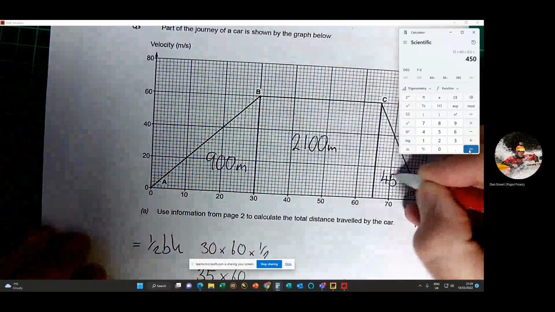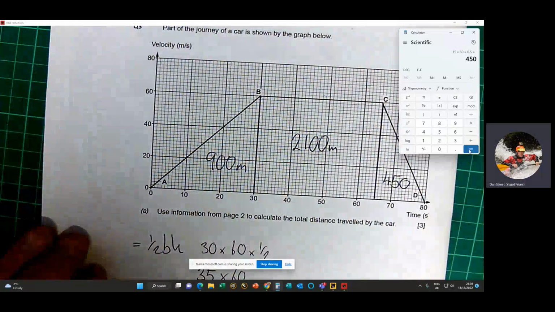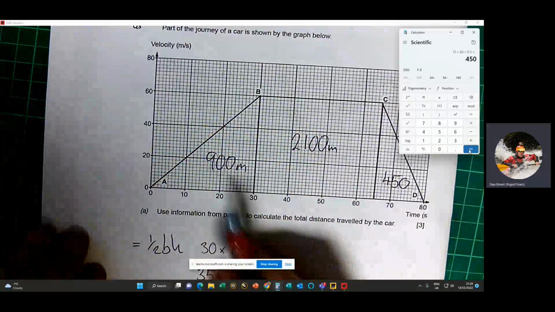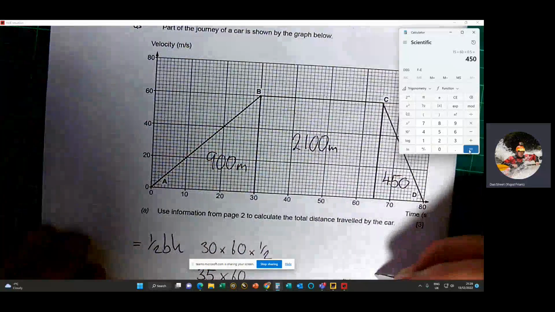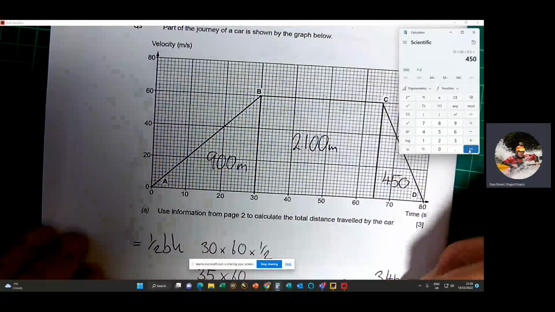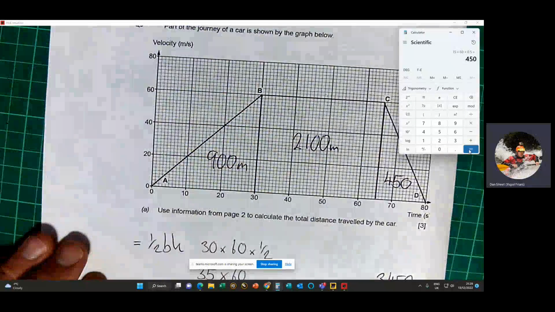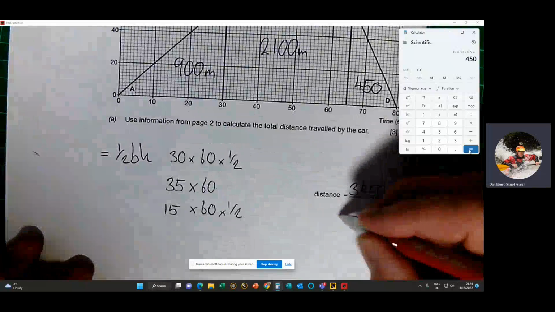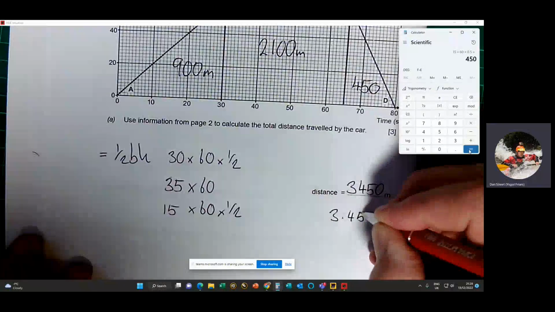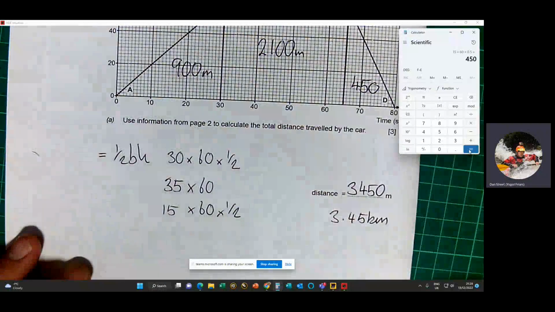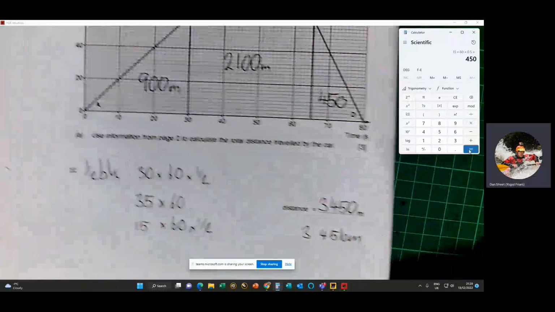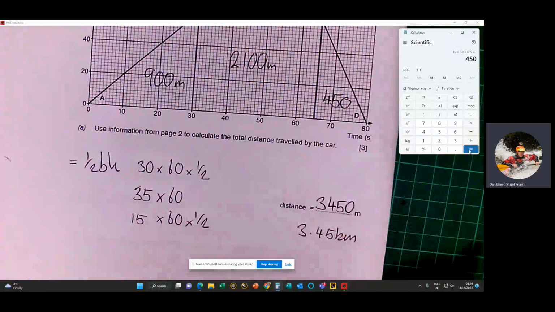If we add those 3 values together, this comes to 3,450 meters, or 3.45 kilometers, which for a car journey over a minute and a bit is reasonable.